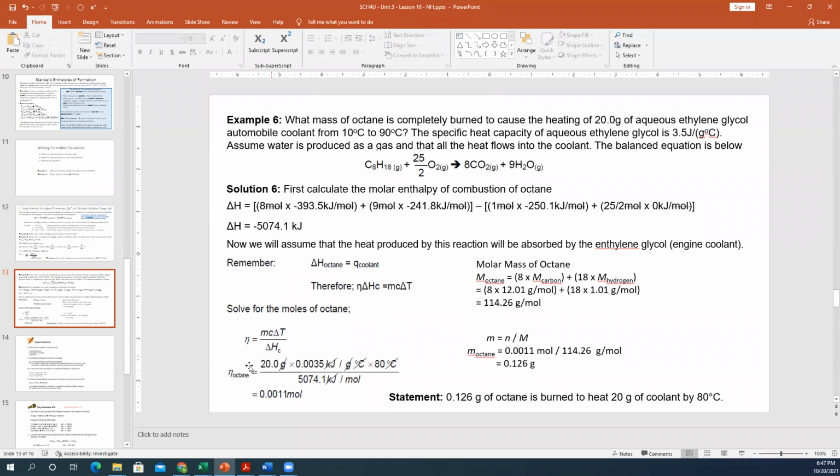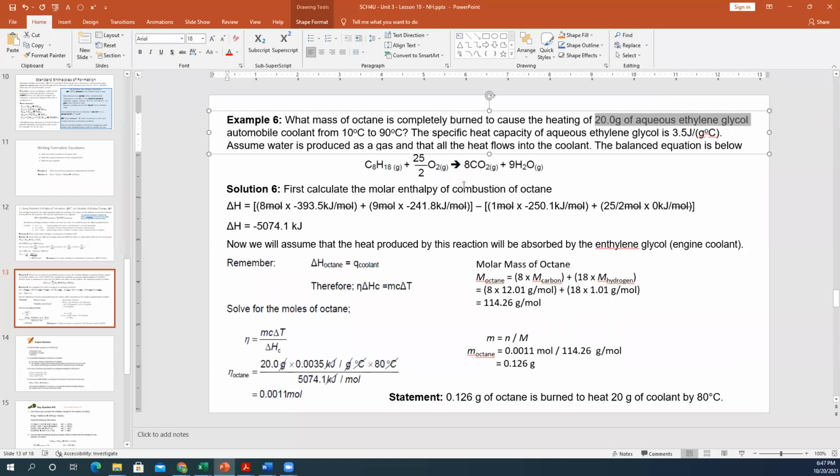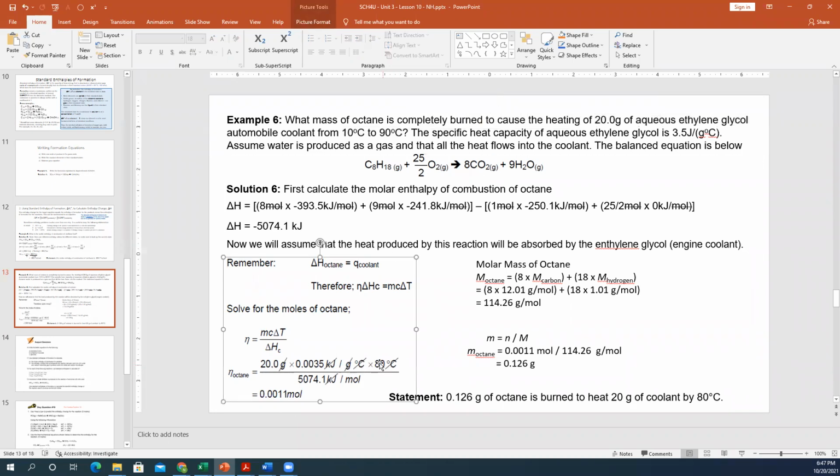So we know that we were given 20 grams of aqueous ethylene glycol. We know that the temperature of that ethylene glycol changed from 10 to 90. So the change delta T is this 80 degrees. We are given the specific heat of ethylene glycol, which in this case we can convert from joules to kilojoules because our value here is in kilojoules.